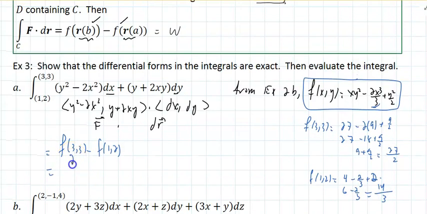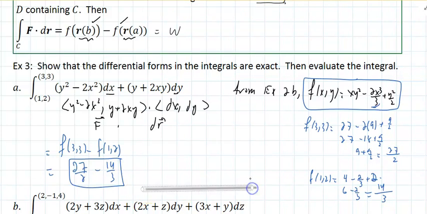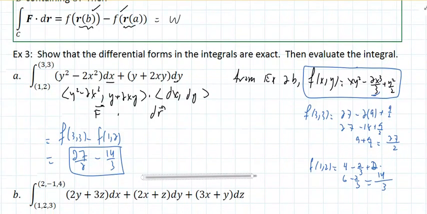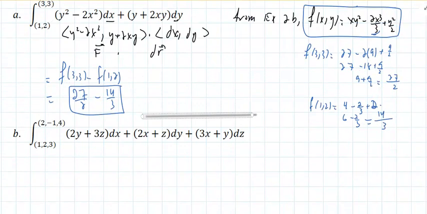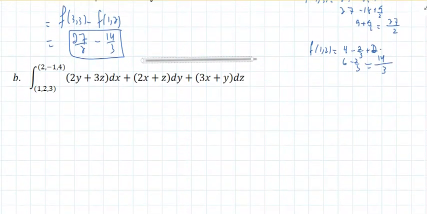So that would be 27 over 2 minus 14/3. And that would be it. Instead of figuring the path and how this works, none of that stuff, you could just take f of b minus f of a if you could find a potential function. We did part B as well.